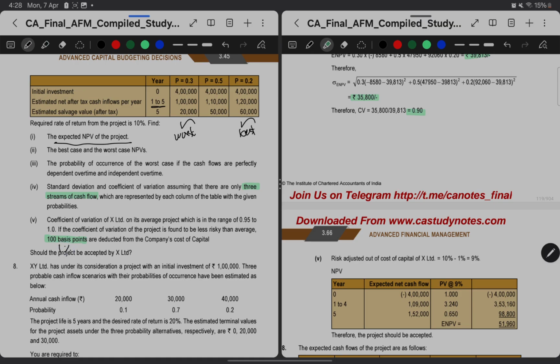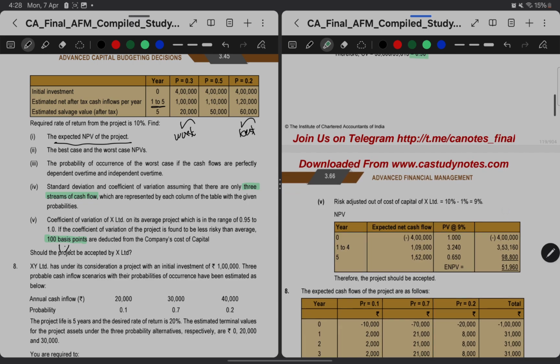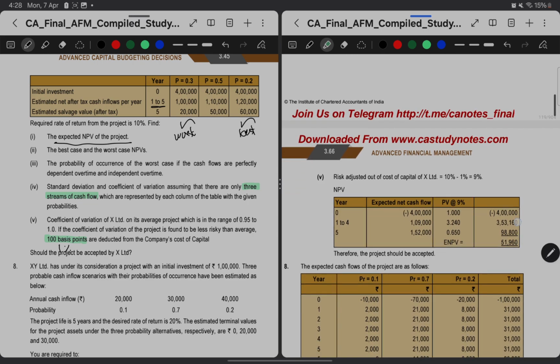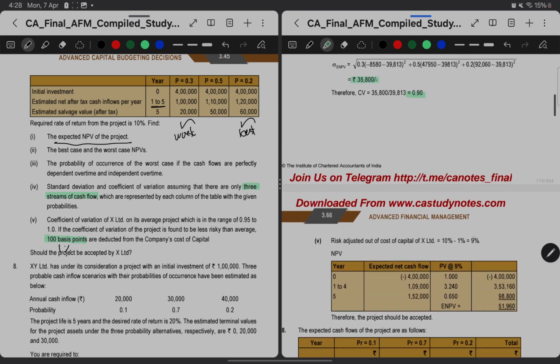So in our case, since the coefficient of variation is less than 0.95, we can reduce 1% from our cost of capital, and then we have to find out the NPV. So we got 10% minus 1%, which is 9%. Then we can proceed with the NPV.